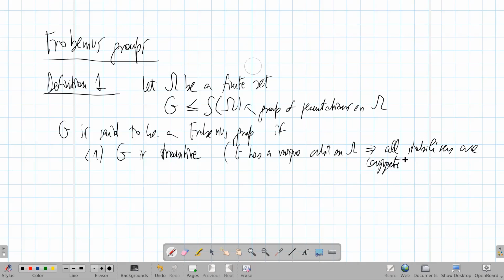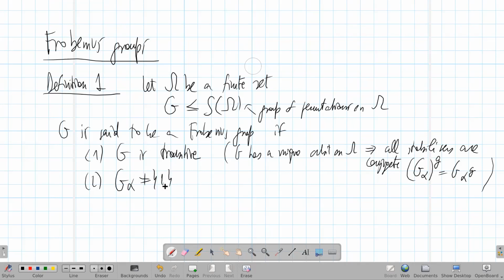Because there is a formula that we'll be using that says that if you have a stabilizer and you conjugate with g, this is the stabilizer of alpha g. So since G has a unique orbit, every stabilizer is a conjugate of a fixed one, okay? The second one is G_alpha different from 1.